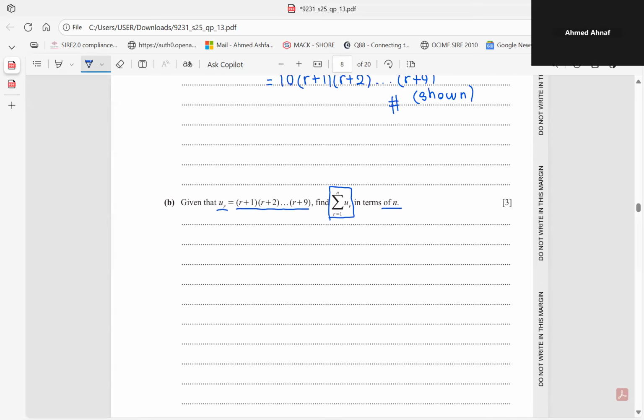So we substitute R equals N minus 1 and R equals N. This would be Wn minus Wn minus 1, plus R equals N, which is the last term, that's Wn plus 1 minus Wn.